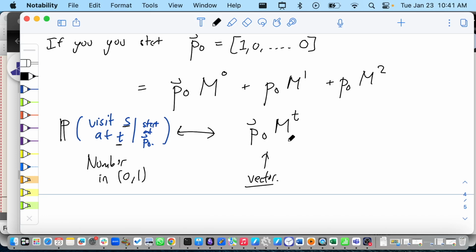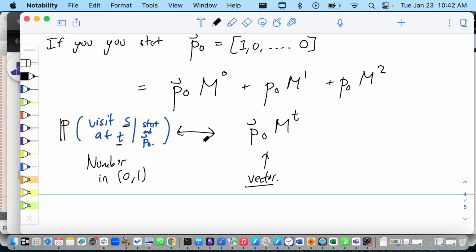I took it to the power t. I multiplied a matrix times a vector. That gives me another vector. So what is the relationship between the left-hand side and the right-hand side? If you write equals, it can't possibly be true. But they're essentially equal. What is the interpretation that you have to do? Yeah? There should be a row in your resultant vector that is representative of that probability?